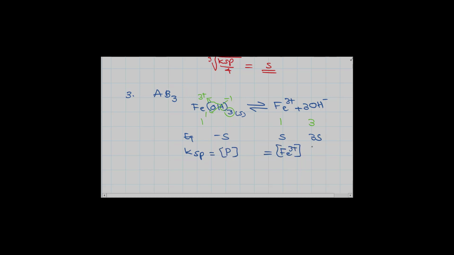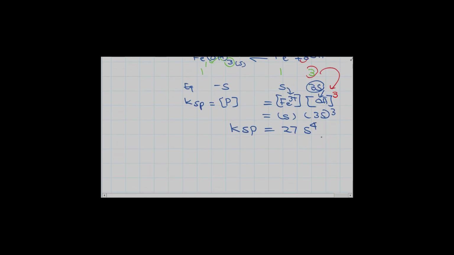Ksp is the ion product: plug in Fe3+ and OH-, taking this ratio, the coefficient as the power of 3 there. Now, plug in the numerical values of S and 3S, and S, and it becomes 27S to the power of 4. Ksp equals that. That's how, given S, you calculate the Ksp.